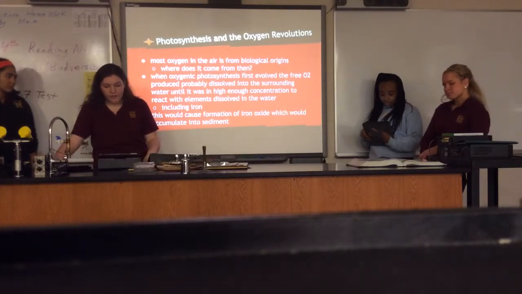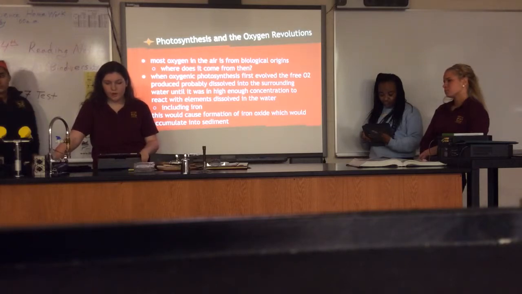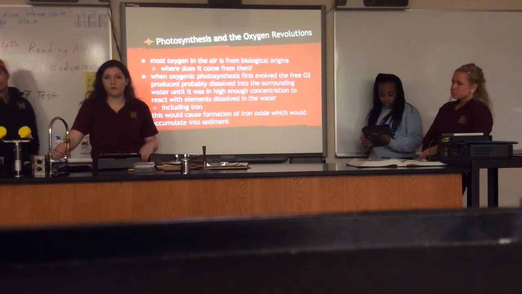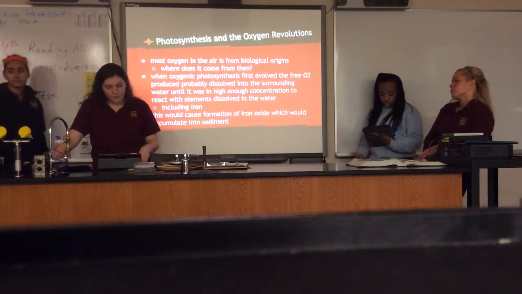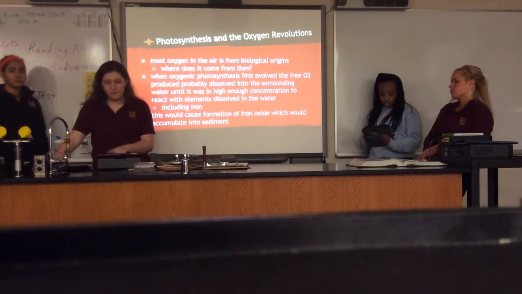So when oxygenic photosynthesis first evolved, the free O2 produced probably dissolved into the surrounding water until it was in high enough concentration to react with elements dissolved in that water. This included particles like iron, and this would cause formation of iron oxide, which would accumulate into the sediment.